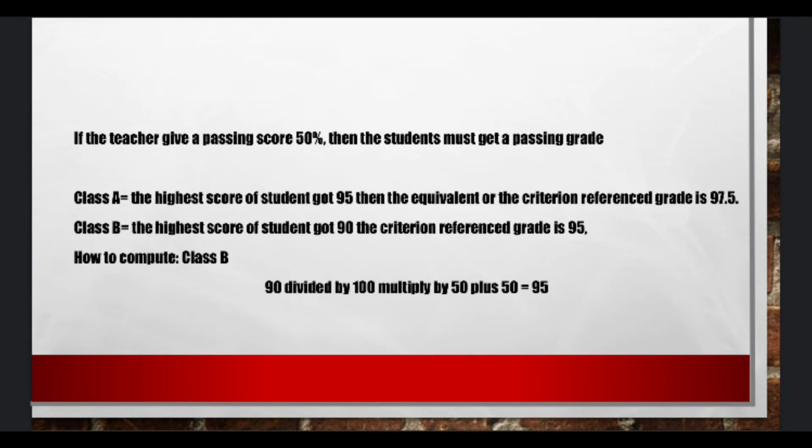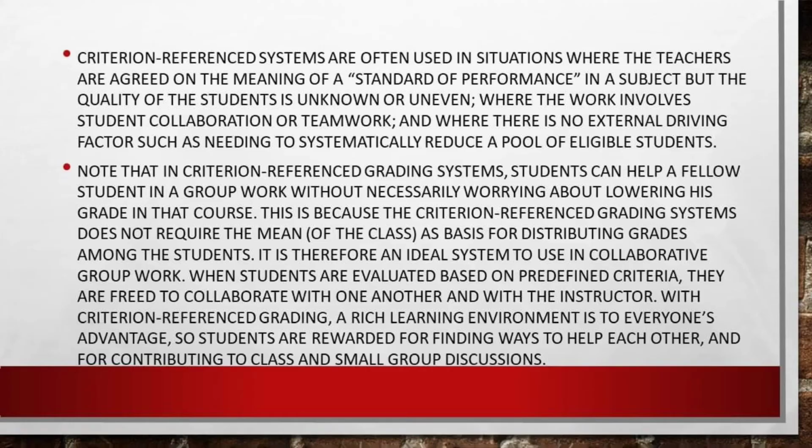Now, I will show you how the student got the 95 criterion-referenced grade. Here, 90 divided by 100 times 50 plus 50, the equivalent is 95. That's the criterion-referenced grade of the student.